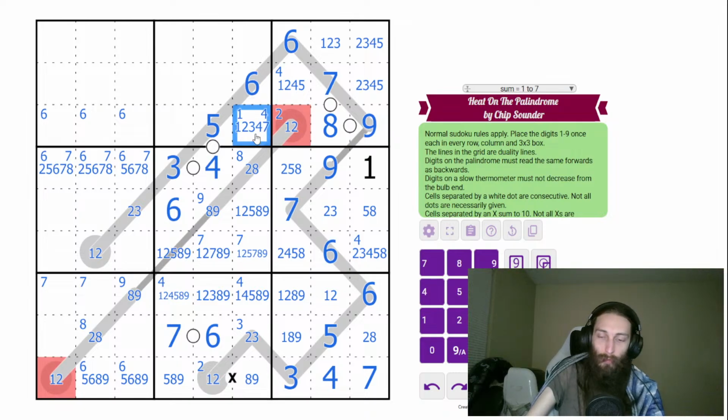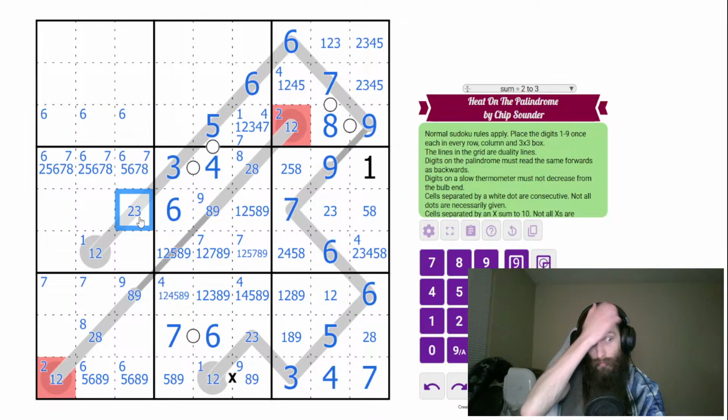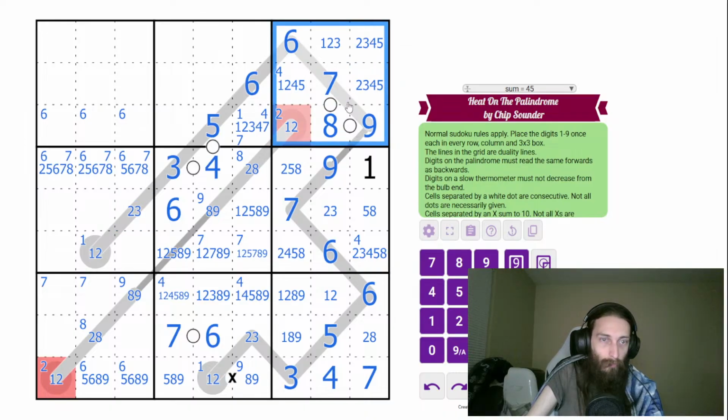So this would be 1, 4, or 7. If that's a 2, you get 8 and 9, 8 and 9, 2. So this would end up being 1 and 9. Still have the option for 2 and 3. Chip Center says I meant box 3. The 5 has to split up the 2, 3, but leaves 1 next to a 4.